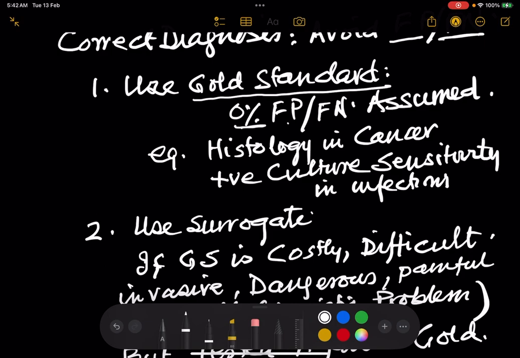Example, histological diagnosis in cancer, or identification of the bacteria and its sensitivity to antibiotics in bacteriological infection. So you can use the gold standard.